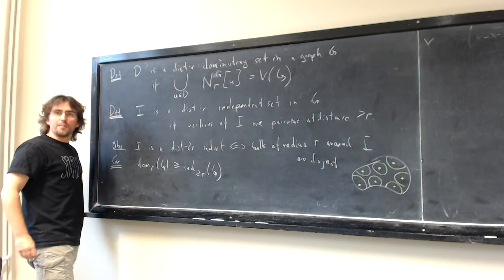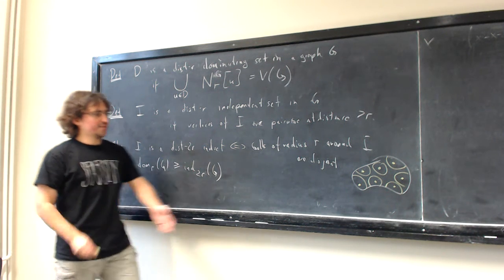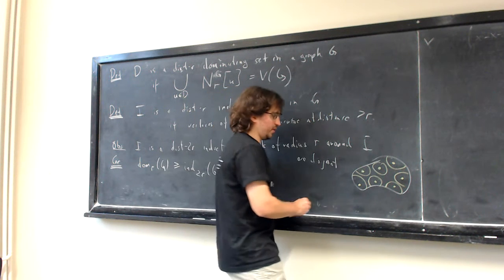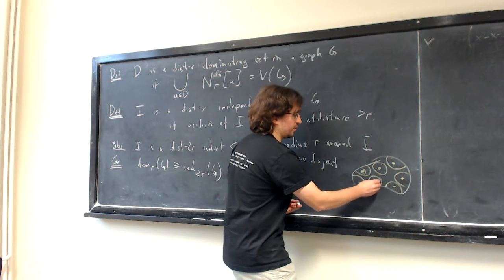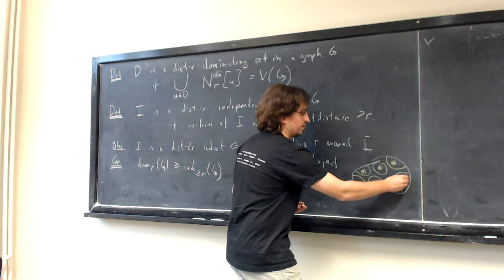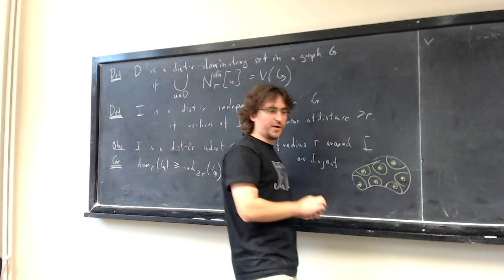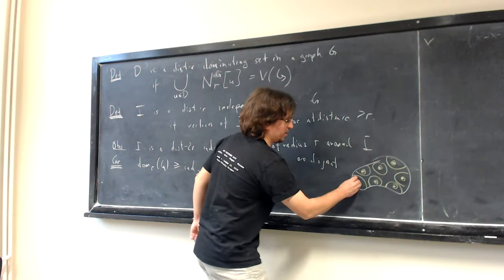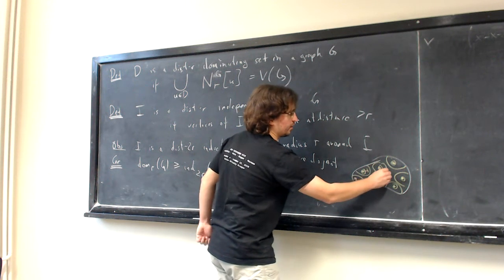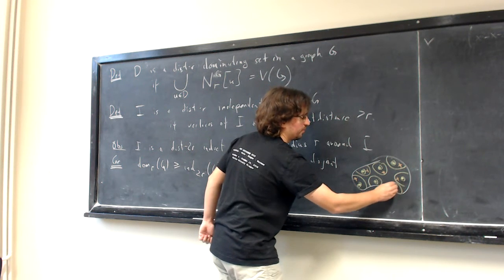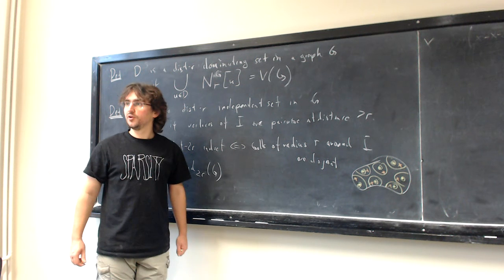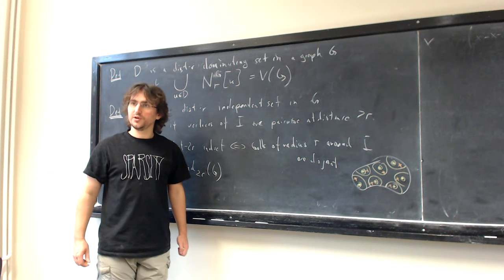Because if I have a distance 2R independent set like that, in order to dominate the vertices of my independent set, I need to pick at least one vertex for the dominating set from each ball, because one vertex can dominate only one vertex of this distance 2R independent set.